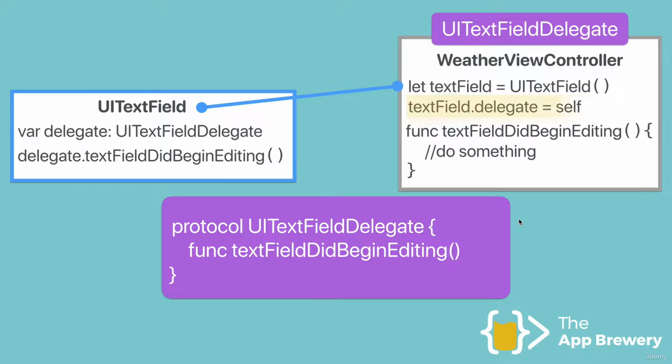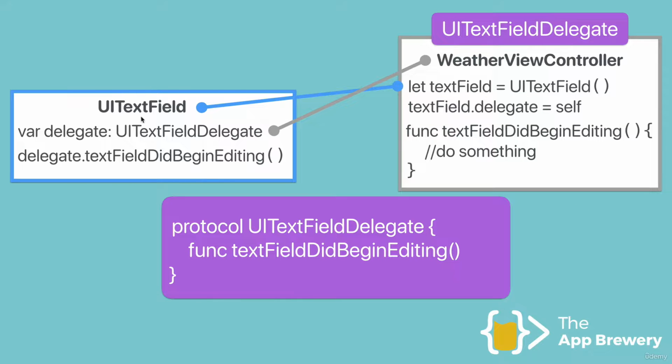Next, we set that text field's delegate property as self, as the weather view controller. So now this property called delegate in the UI text field is equal to our weather view controller. And we can do this because our weather view controller adopts the UI text field delegate, so it matches this requirement for the delegate to be of this data type.